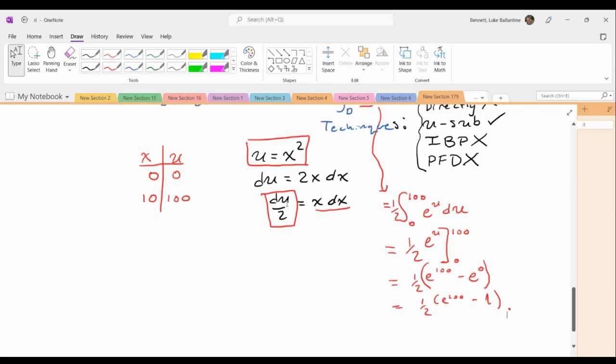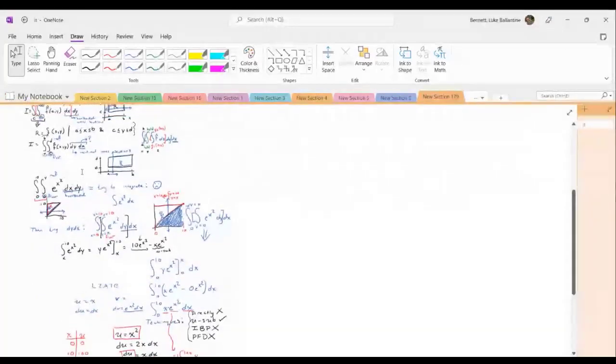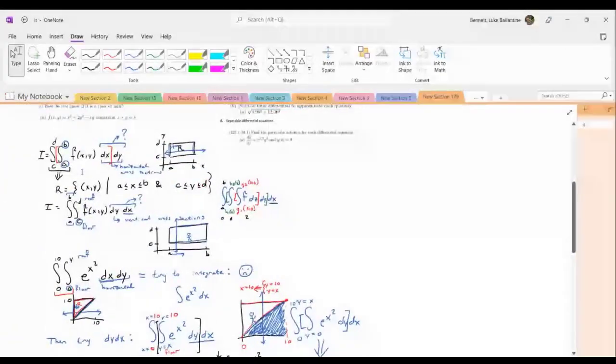So let's scroll out to get an overview. This rectangular region that we started with is preliminary to understanding more general regions. When thinking about these multiple integrals, we always do it in a box, whatever dimensional box we're in. This has two variables, so it's a two-dimensional box.